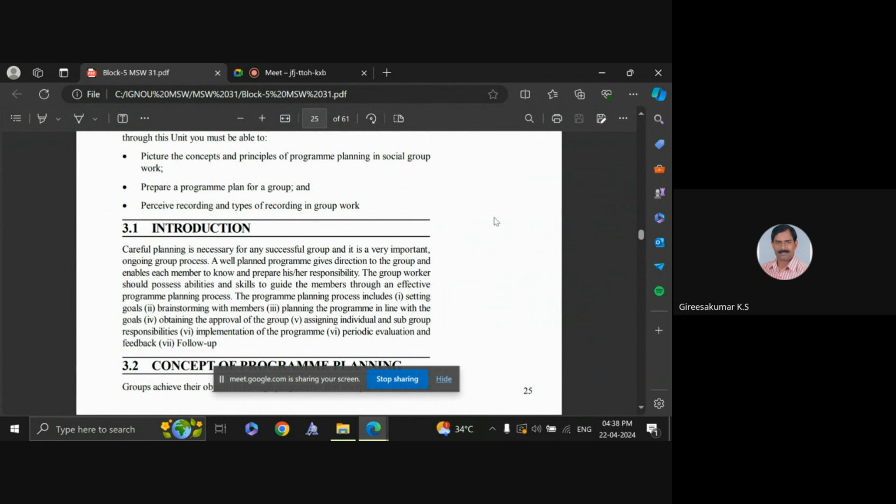That is real planning. Each group and subgroup must understand their role, what they have to do. Then implementation of the program, periodic evaluation, feedback and follow up. That is planning.